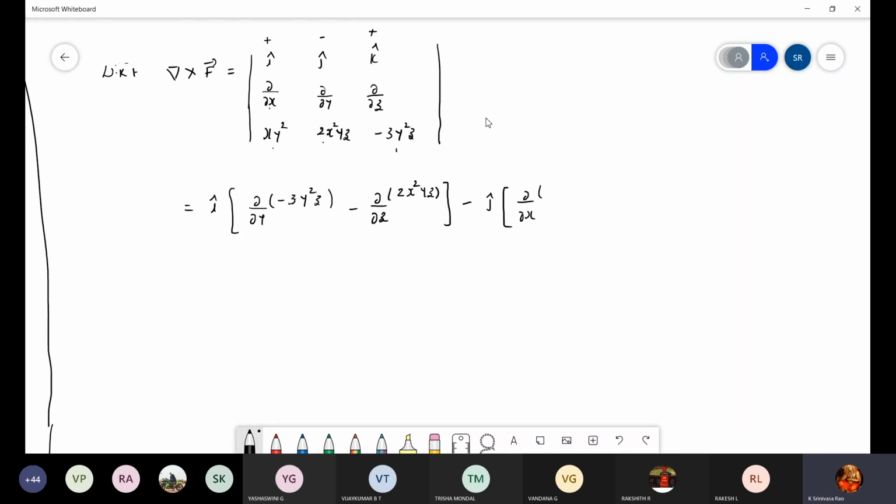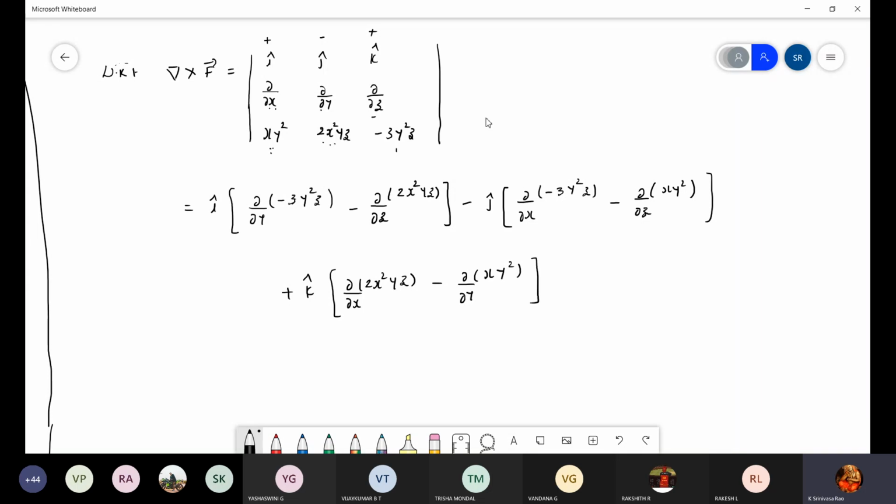You just delete in your mind, and remaining you will get 4 terms as a 2 cross 2 determinant. ∂/∂x of minus 3y²z, minus ∂/∂z of this xy², plus k cap into ∂/∂x of 2x²yz, minus ∂/∂y of this xy².